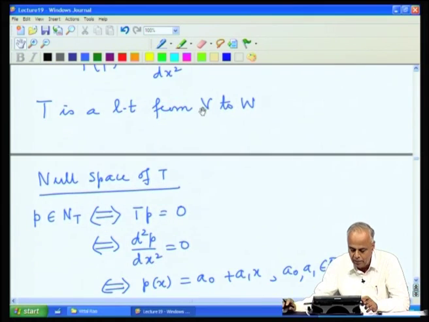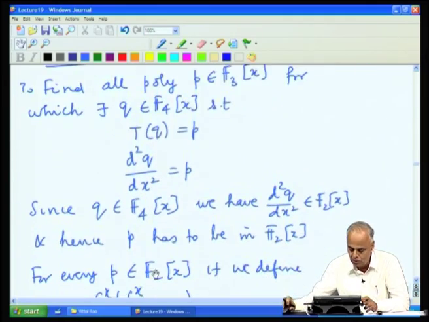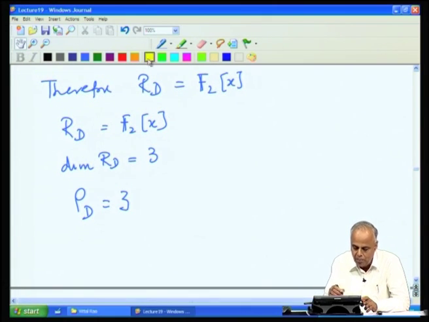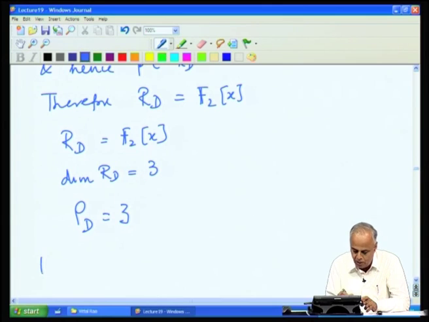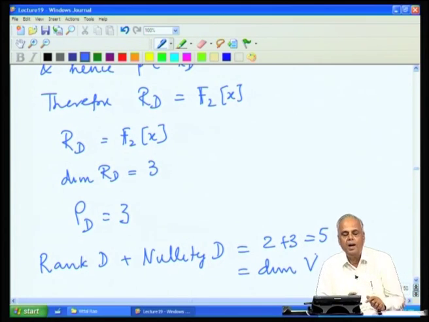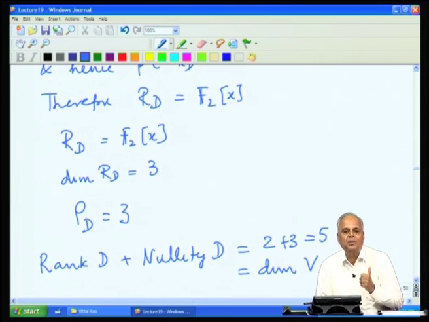So, n is 5, nullity was 2 and rank was 3, and in this example we got rank D plus nullity D equal to 3 plus 2, which is 5, which is equal to the dimension of V. Now, this is not an accident, and the fact that this is always true for linear transformations is known as the rank nullity theorem, which we will look at in the next class.